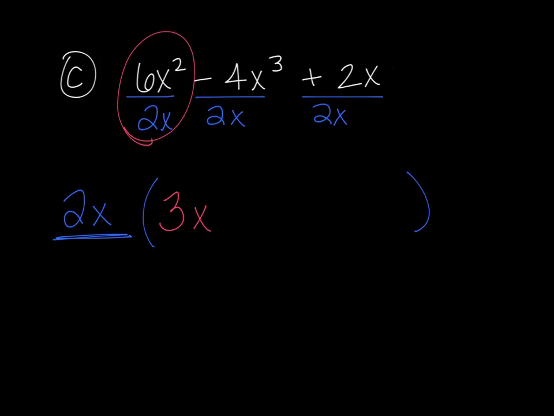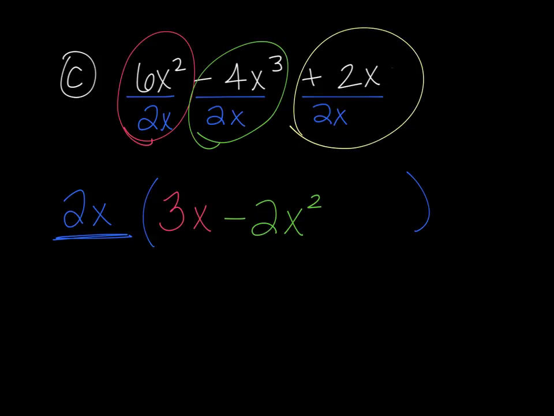All right, now I'll do my middle piece here. Negative 4 divided by negative 2 is negative 2. There are now 3 x's on the top, and we're taking 1 away, so that's x squared. In my last piece, I've got positive 2 divided by 2, that's just 1, and x divided by x cancels out.